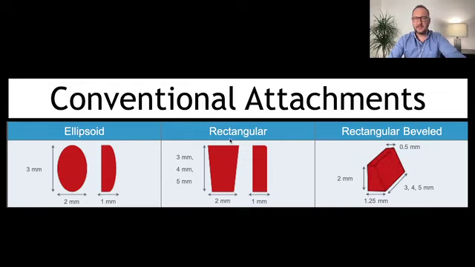Then we have a rectangular attachment, a flat rectangular attachment, with the same depth on both sides, okay? And we can change the height here. It can be 3, 4, 5 millimeters, depending on the company, can be less or more, okay? Depending on the size of the crown and the space we have, we can change between 3, 4, or 5, but this is a very good attachment to use for retention, okay?